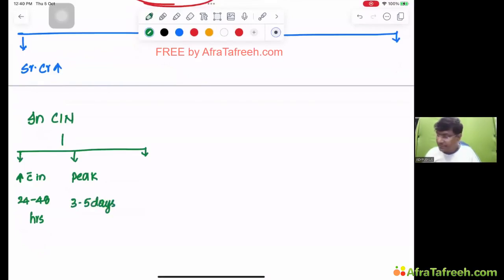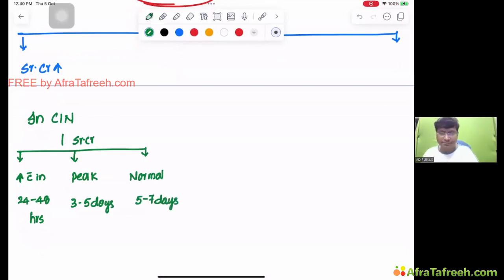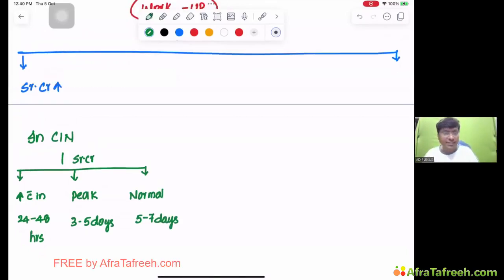Right? And when will this serum creatinine get normalized? Within 5 to 7 days. Right, within 5 to 7 days, the serum creatinine will come to the normal value. Okay, so that is in case of contrast-induced nephropathy.